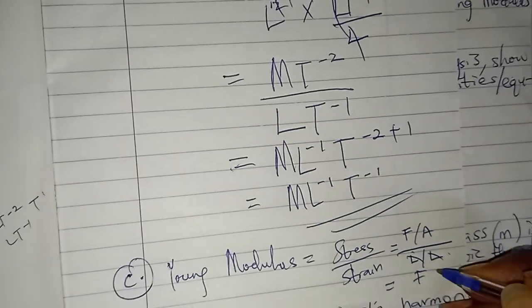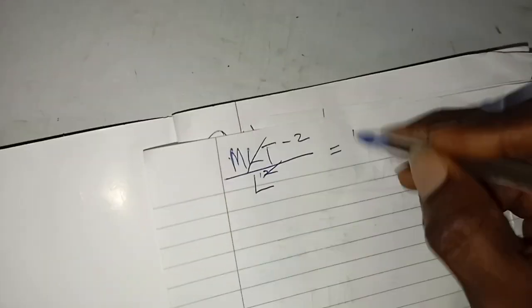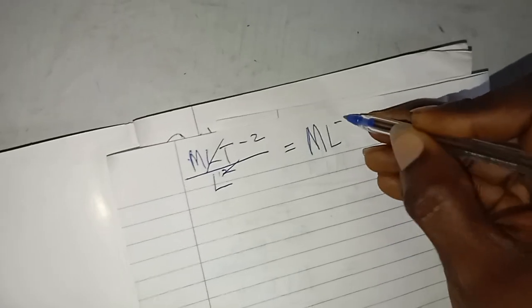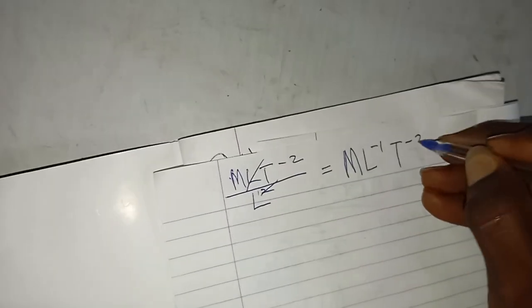So I'm left with F over area, which is the same thing as saying MLT^-2 all over L^2. One L goes here, cancels this one, so I have just 1. So this is the same thing as saying M L^-1 T^-2. So this is Young modulus.